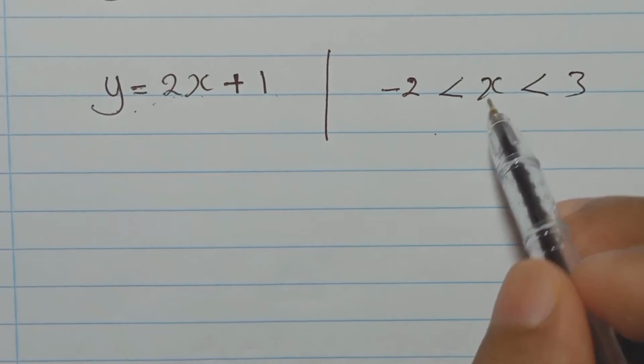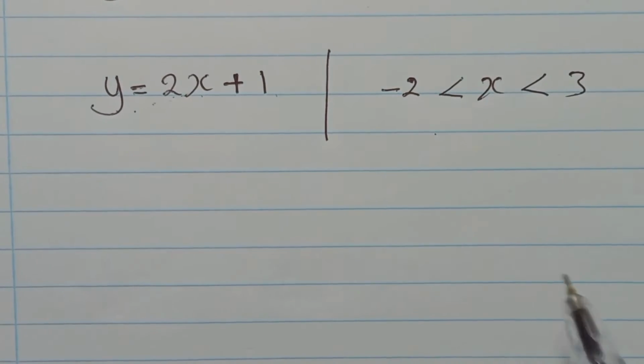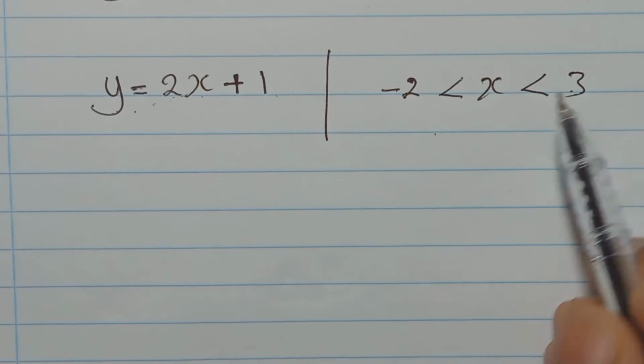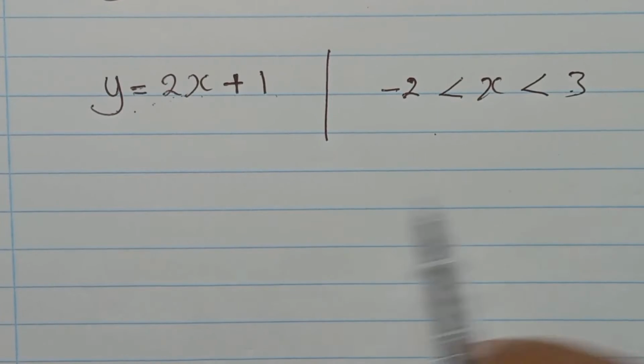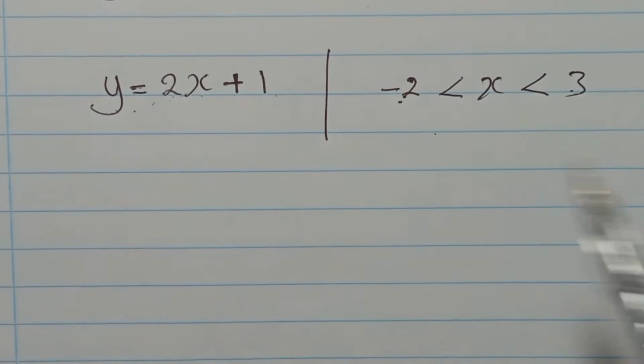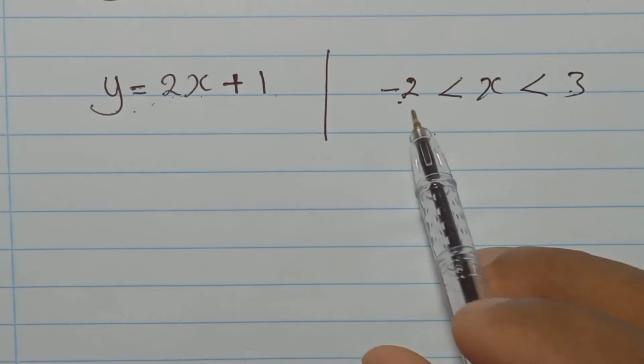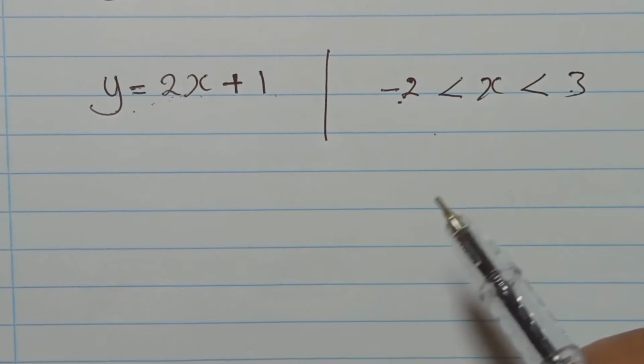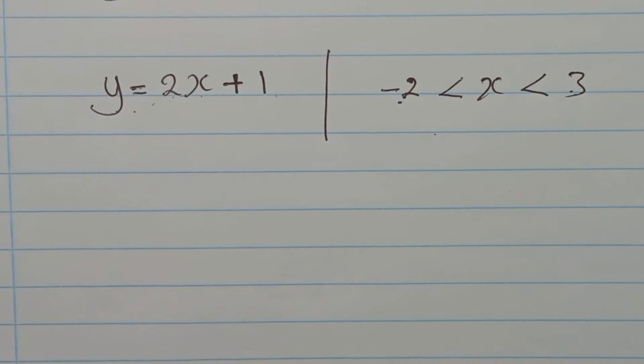Then for the x-axis you need to get these values, minus 2 to plus 3. Or if they do not tell any range for x, then you can choose as you wish, you can take any values.